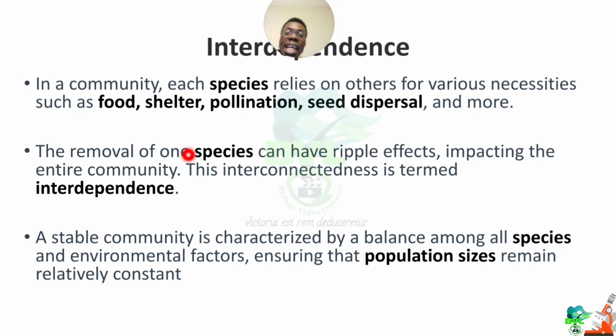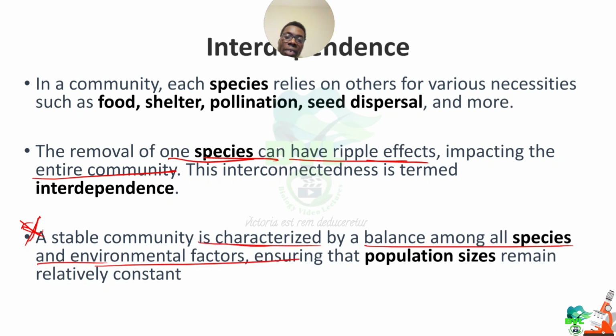Now, it says here, the removal of one species can have a ripple effect impacting the entire community. A stable community is characterized by a balance in all the species and environmental factors. Another word for stable community is climax.